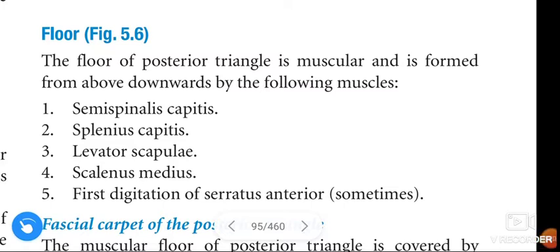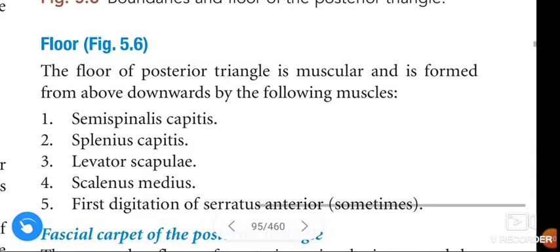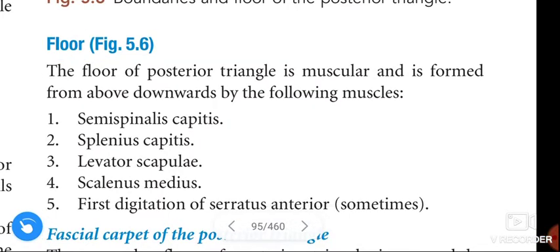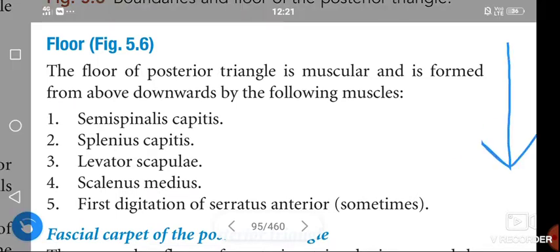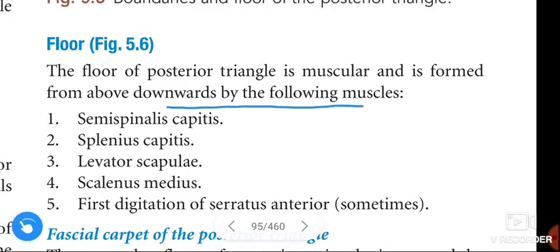Next, floor of the posterior triangle. The floor of the posterior triangle is muscular and is formed from above downwards by the following muscles.